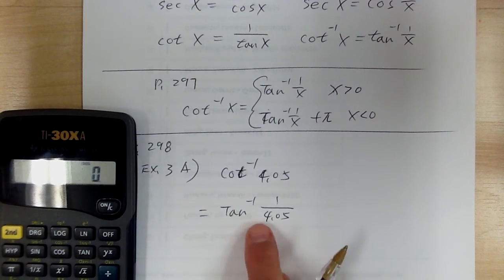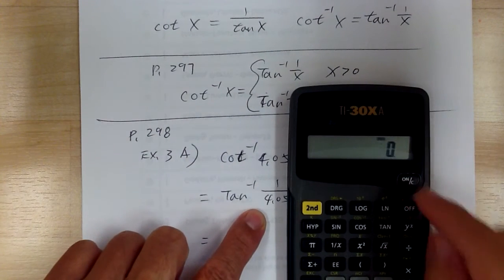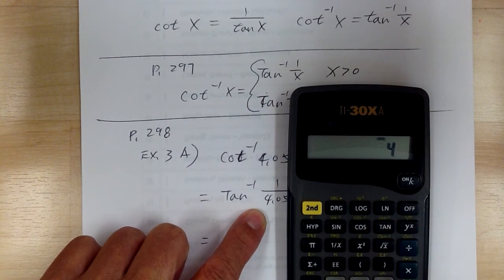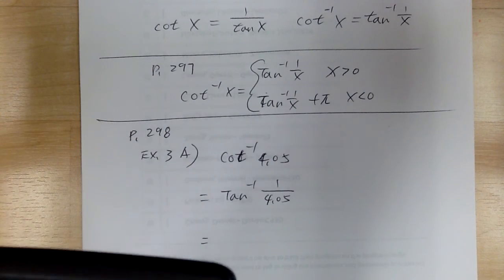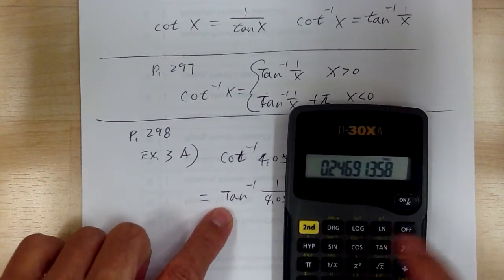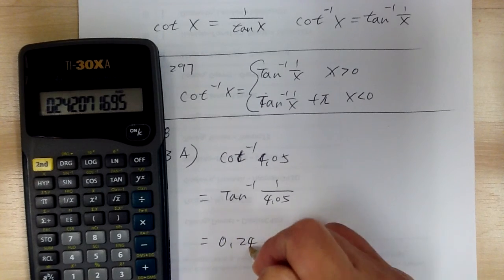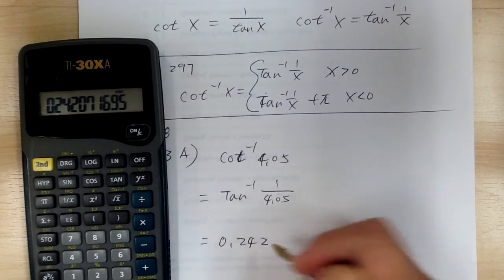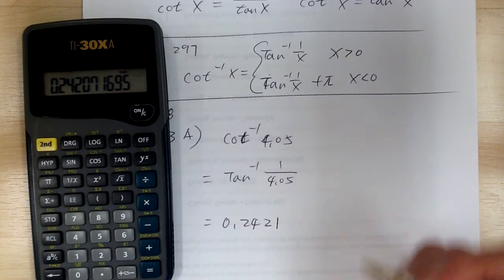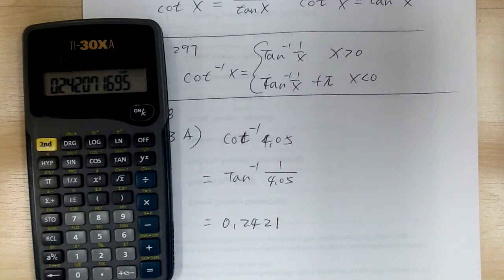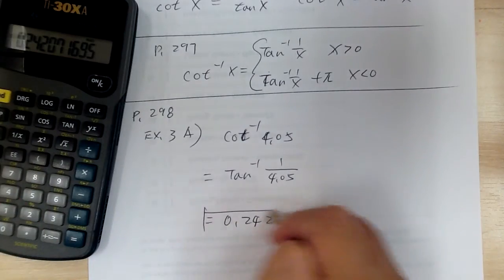Then use the calculator, so you need to know how to enter it. I would do 1 divided by 4.05 and push equal. Make sure your calculator is in radian mode, and then go to second tangent. This will equal 0.242 if you go to 3 decimal places. Just follow the instructions.